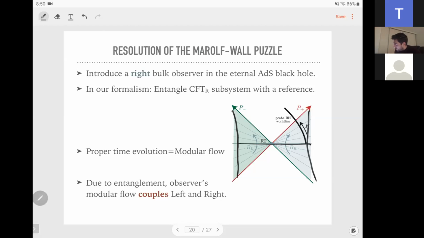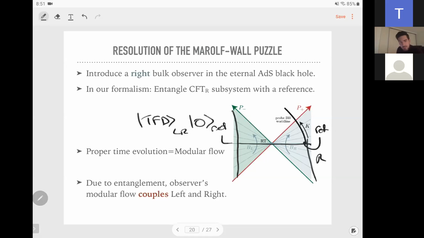Namely, we want to take some subsystem of the right CFT and entangle it to a reference. So let's do this a little bit abstractly first, and then we'll talk about an explicit example. How would I do this? Well, we have the thermofield double between the left and the right, and we start the reference in some kind of reference state that doesn't really matter.